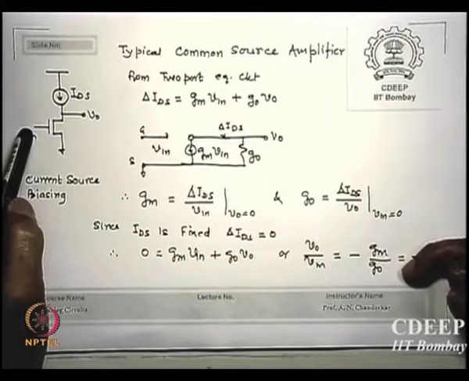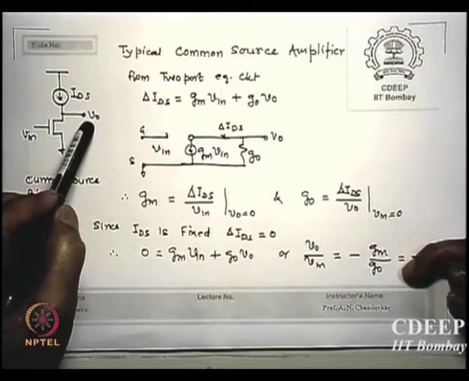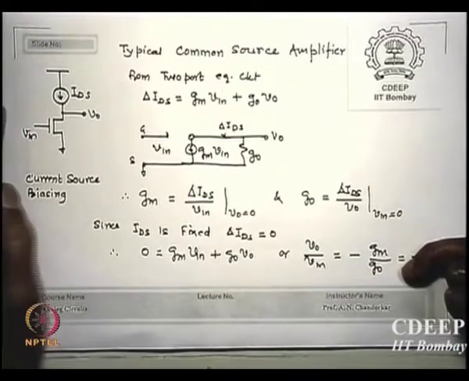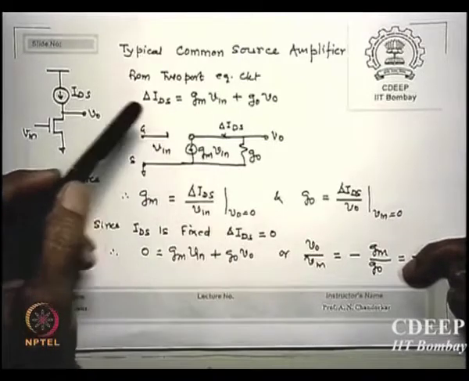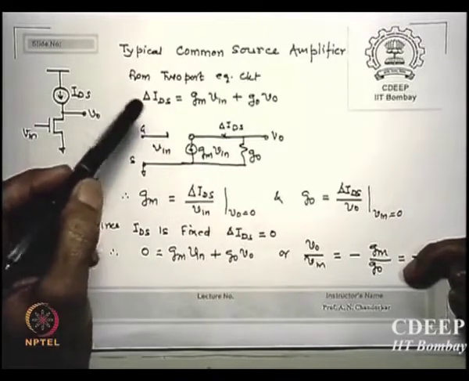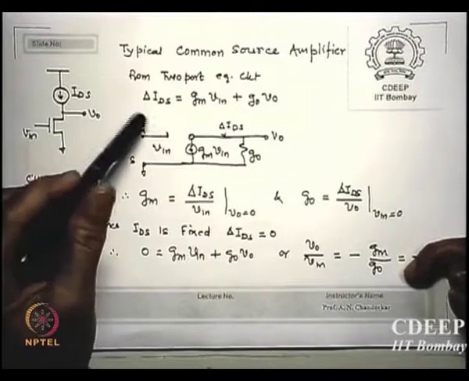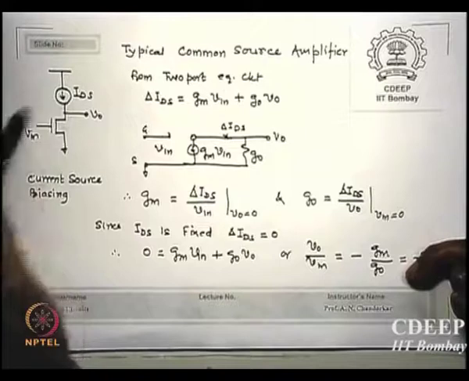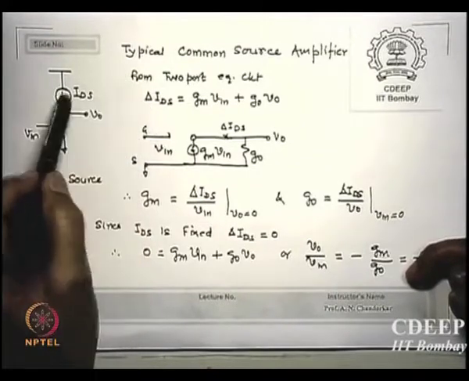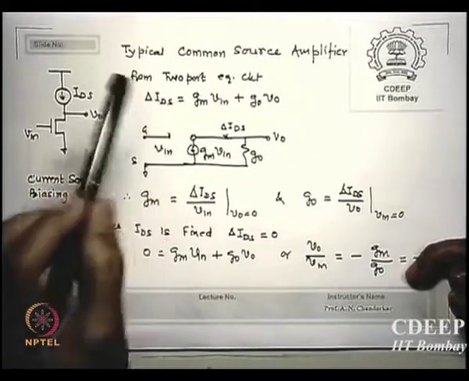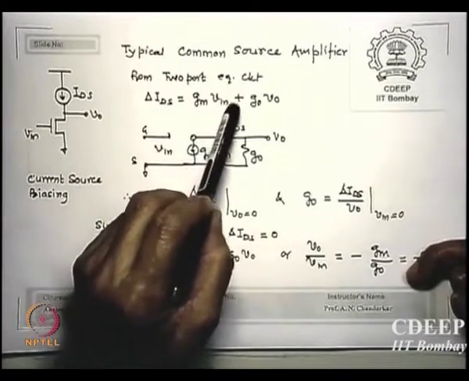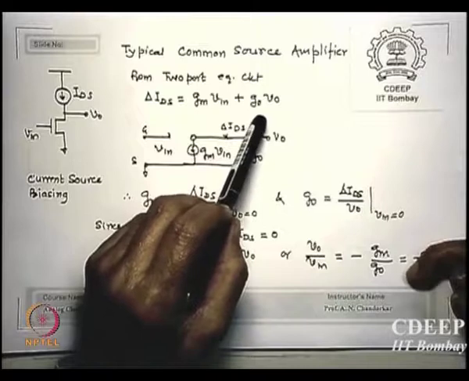I am putting a V in, I am finding V0 here, an amplifier. I want to find V0 by V in, the gain. If you have done network theory, one can say, solving this 2-port network, the change in current through this transistor, delta IDS, can be written as Gm times Vin plus G0 times V0.